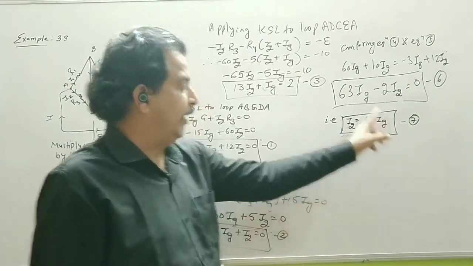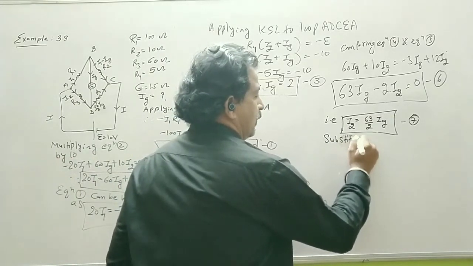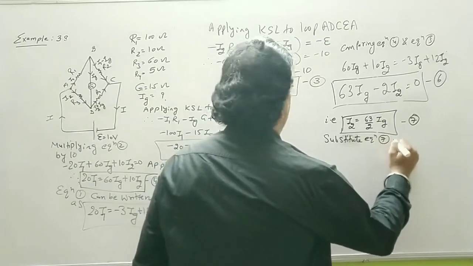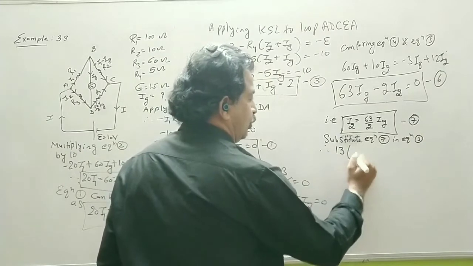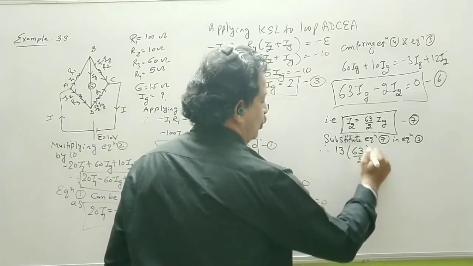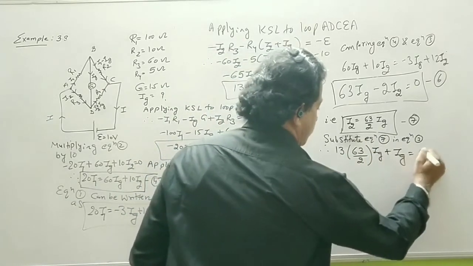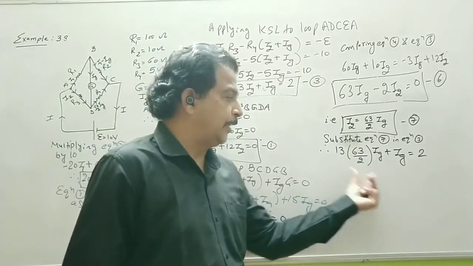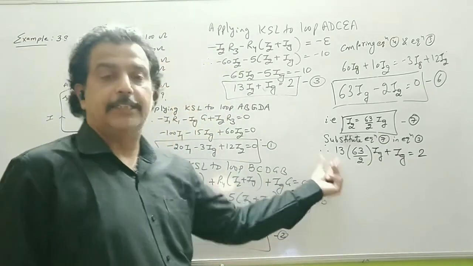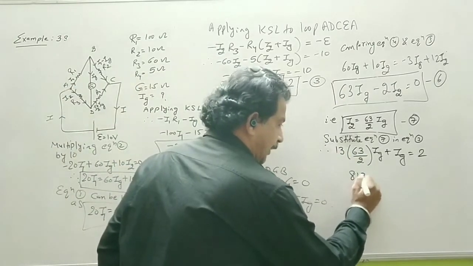Now substitute this equation 7 directly in equation number 3. Therefore 13 I2, so that is 13 times 63 by 2 IG, plus IG is equal to 2. Now 13 multiplied by 63 divided by 2. So I take 2 as the LCM, and 13 into 63, if you multiply this, it becomes 819.